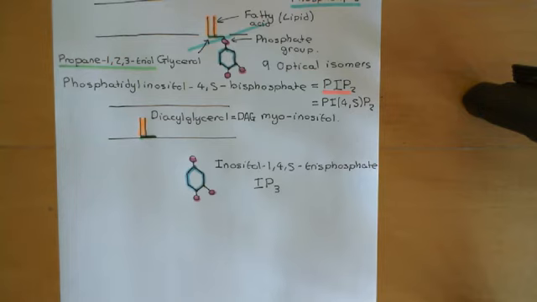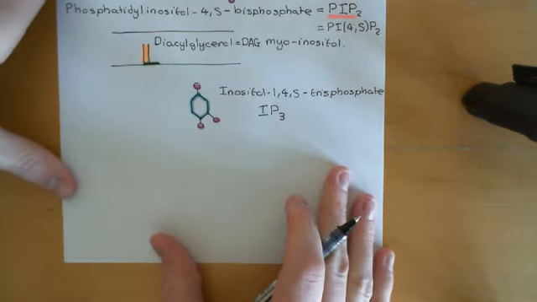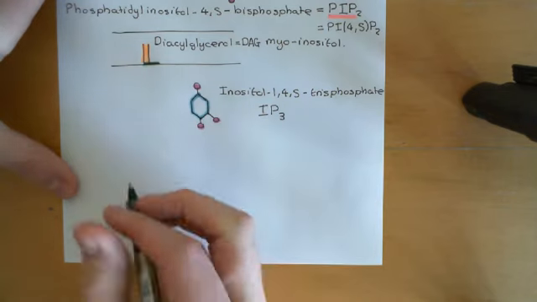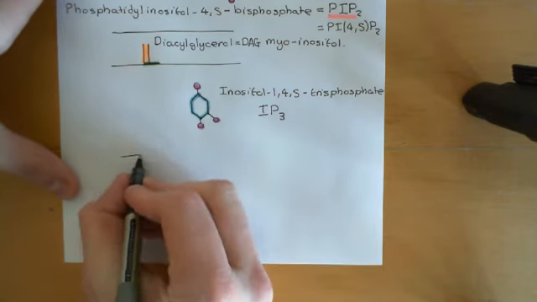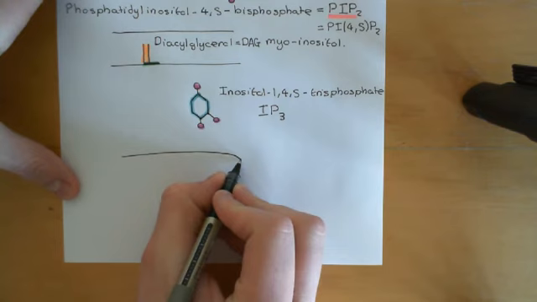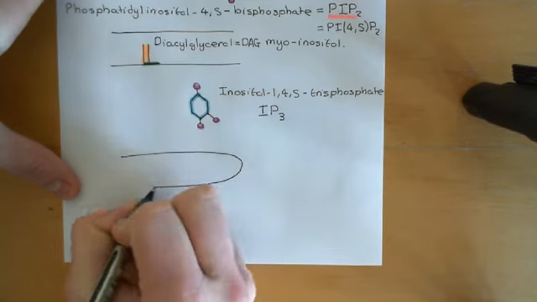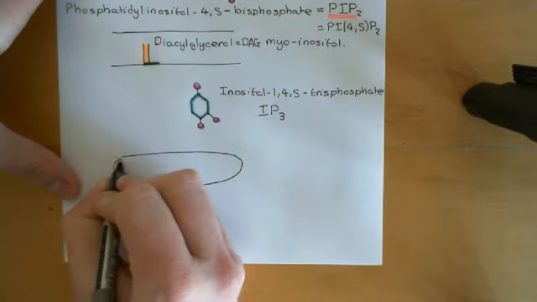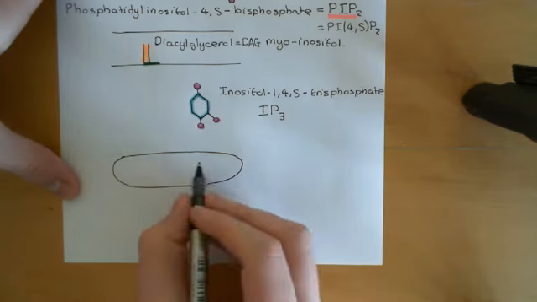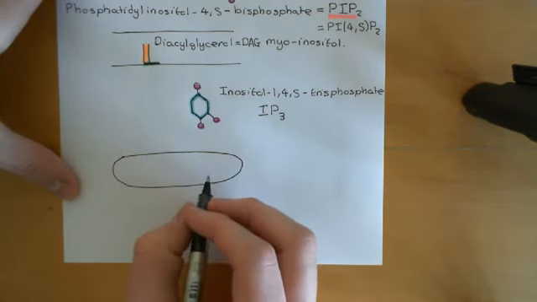Now, these 2 molecules have extremely important signaling roles. Let me just briefly tell you about the signaling roles of each of these molecules. Basically, IP3 goes into the cytoplasm and can bind to and activate channels that are in the membrane of an intracellular organelle.